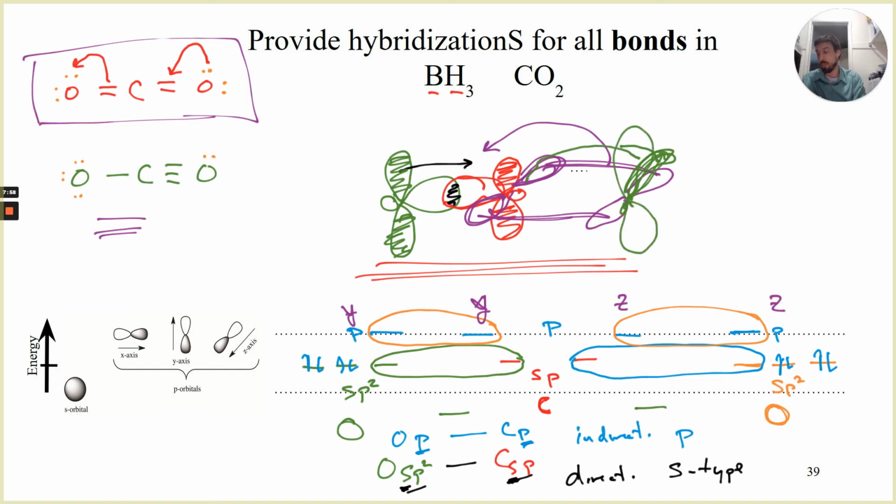Those shuttled in so that they would overlap with that pi system. As soon as it overlaps with the red one, the electrons that are being shared from the other oxygen must kick outwards. And that's what's causing that shift in the electrons.